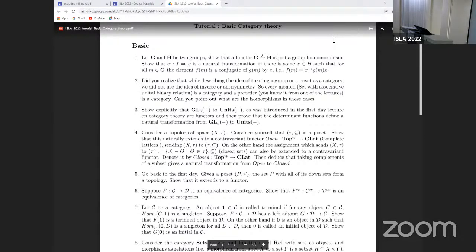Would anyone like to explain question number 3? Or would you like us to explain? He did that already in the lectures, explained it so many times.